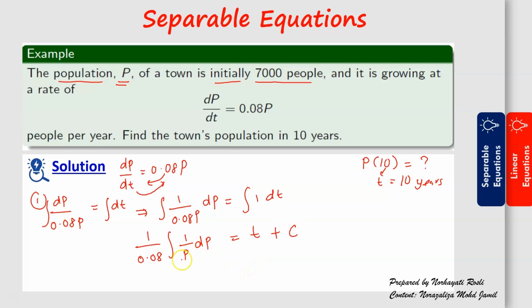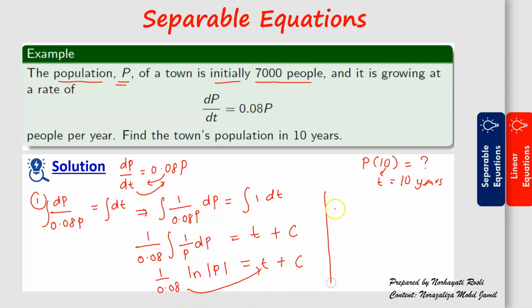And then, integrating this part, we will have 1 over 0.08 ln P equal to t plus C. And then I can move this 0.08 to the other side.